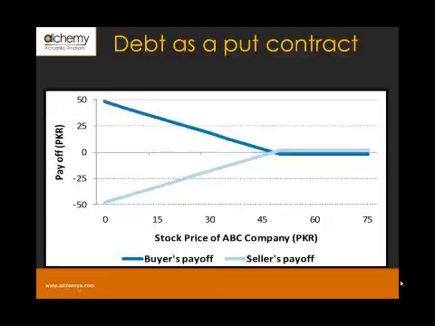Think of debt as a put contract. Think of debt as a put contract with an embedded element of convexity attached to it. Then factor in the impact of the optionality built into a debt contract. Think and factor in the element of volatility with respect to the environment around you as well as the nature of the debt contract.